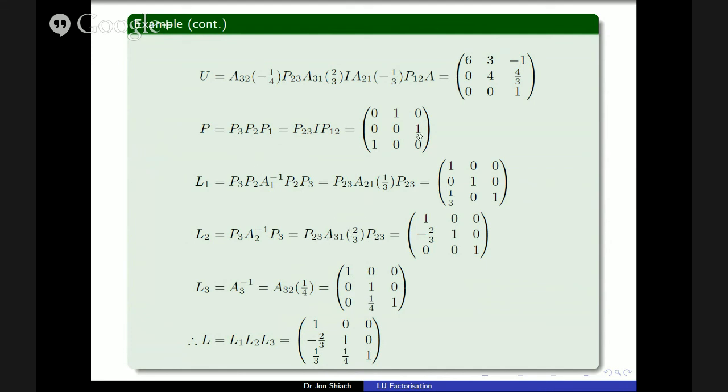For L1, I do the inverse of the first addition, and then either side, I do P2 and then P3. But P2 is the identity, so I've ignored it here.